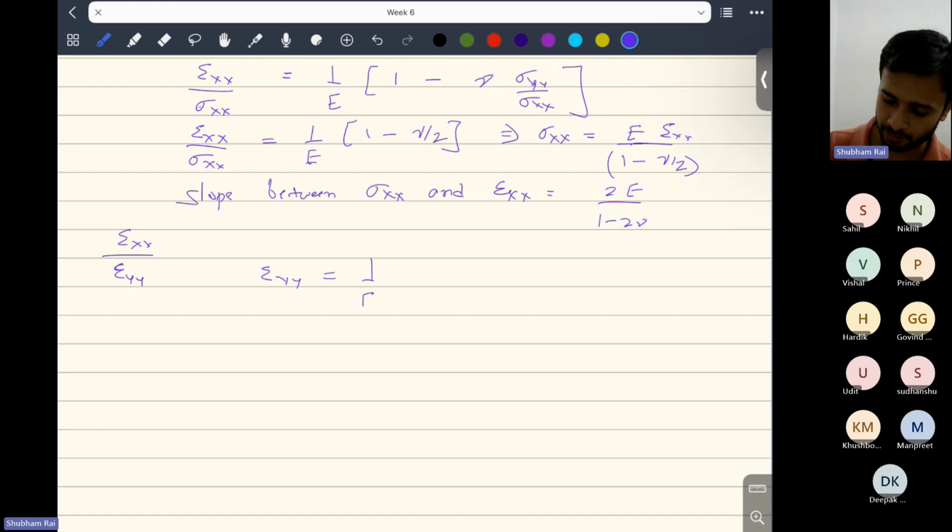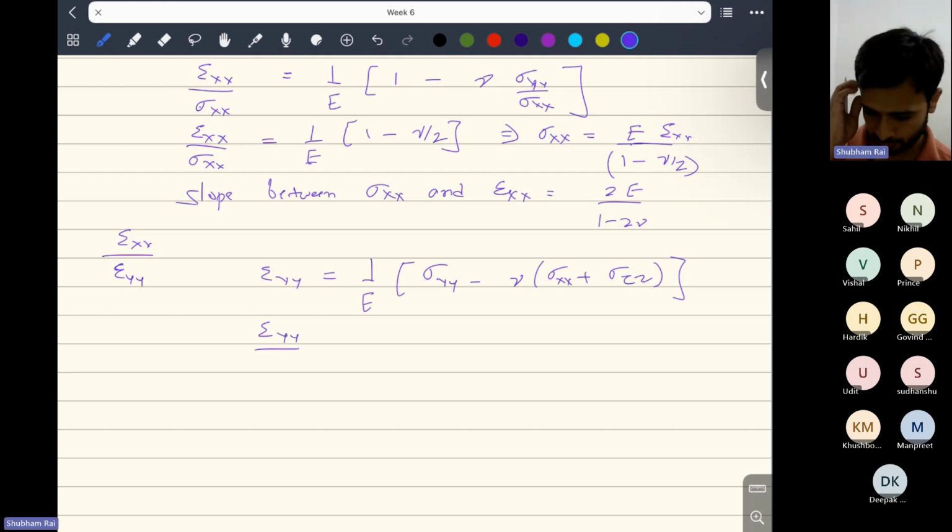That will be 1 over E times sigma yy minus mu times sigma xx plus sigma zz, and sigma zz is 0. So I'm just dividing it by sigma xx.